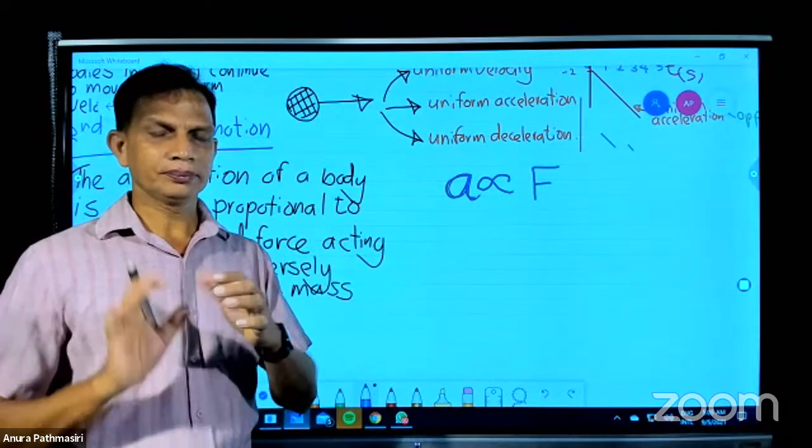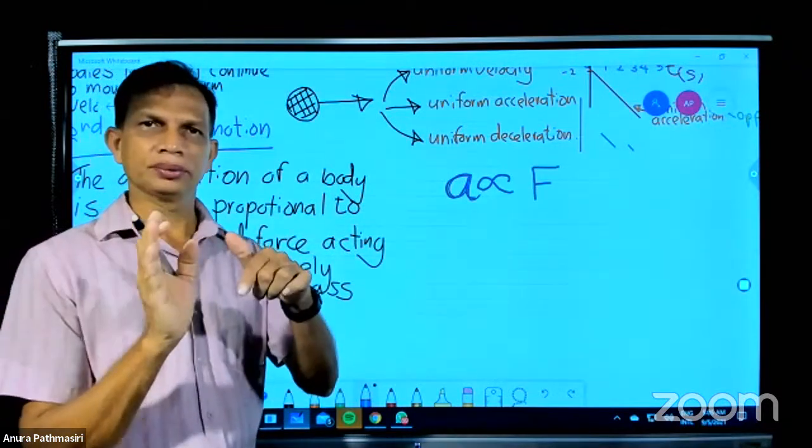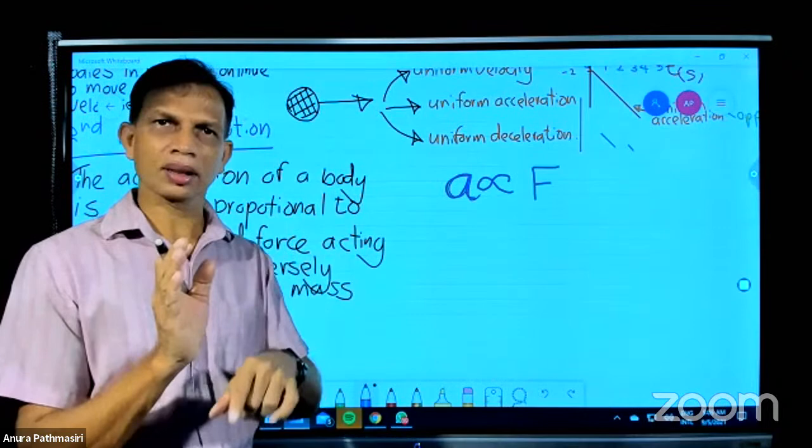But this time, the force I applied has a value. The resultant force is not zero.